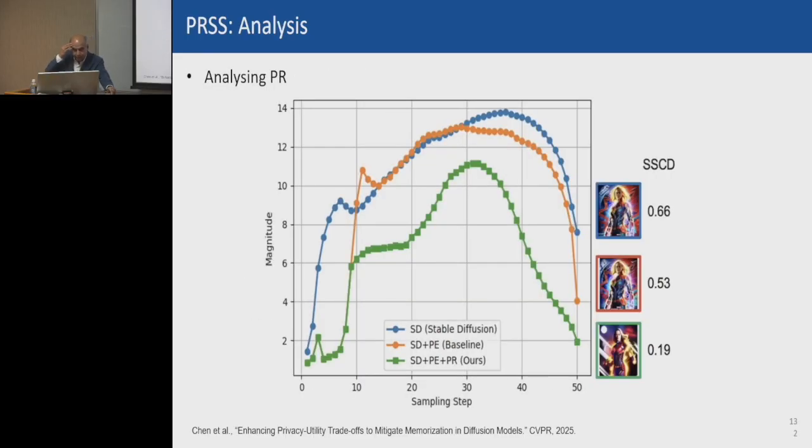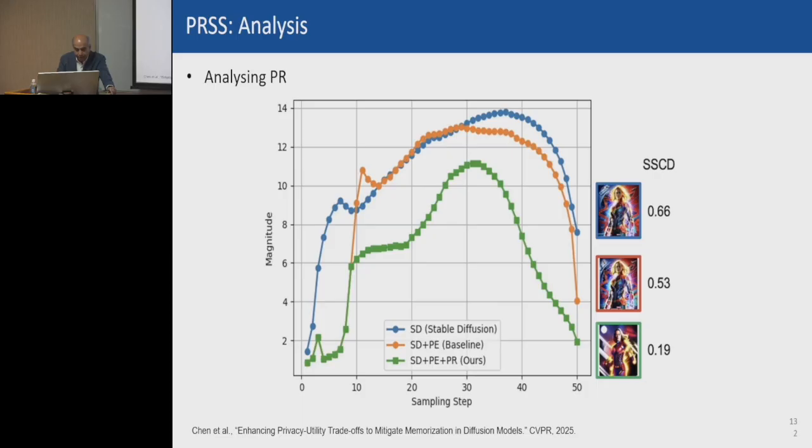If you look here, there's another example that we have, with different denoising steps, and the magnitude tells you how much memorization there is. So we show here the standard Stable Diffusion in blue, and when we add prompt engineering, which is the baseline method, it is shown in yellow.